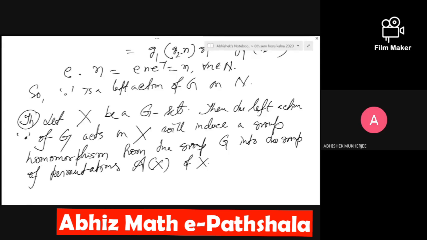And in the reverse case, if you are considering a group homomorphism from G into the permutation group curly AX of a set X, then it will definitely give you a left action.